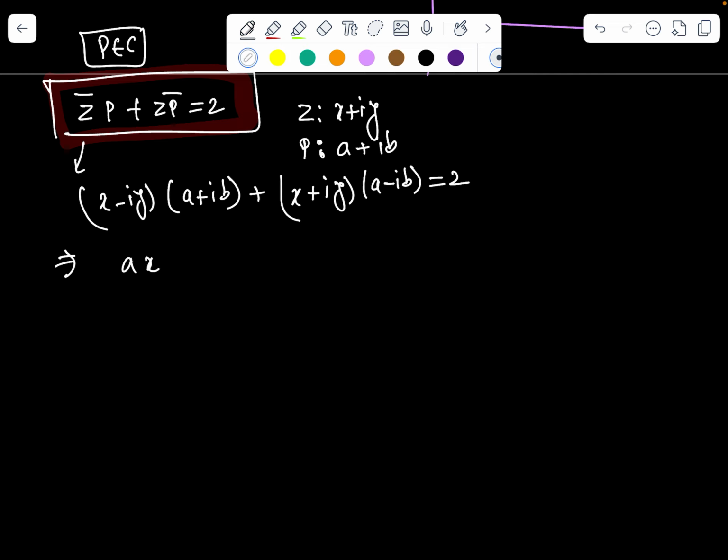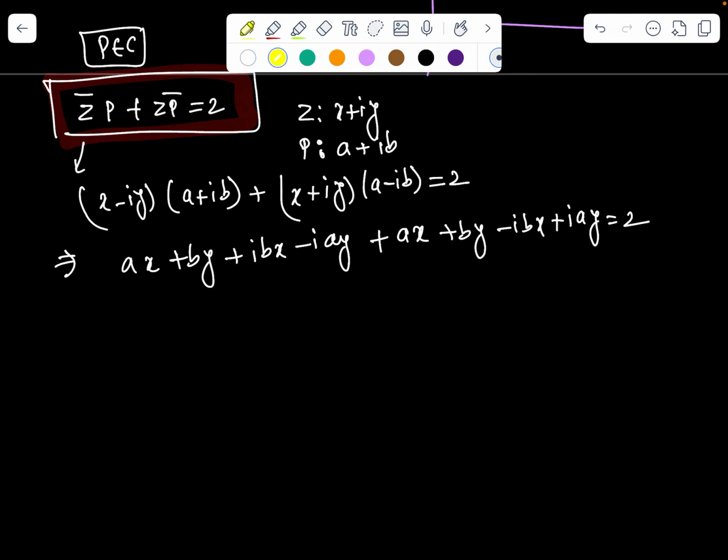So that gives ax plus by, and we'll have i times bx minus i times ay, plus ax plus by minus i bx plus i ay equals c.